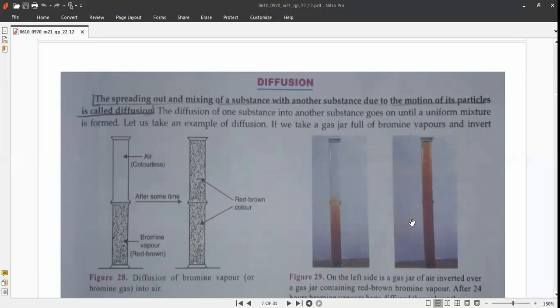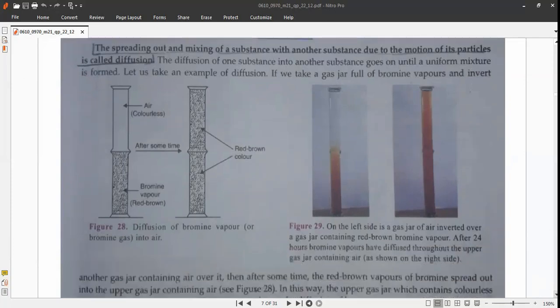If we take a gas jar full of bromine vapor and invert another gas jar containing air over it, what happens? Here air is colorless and bromine vapor is red-brown. After some time, the red-brown vapors of bromine spread out into the upper gas jar containing air.